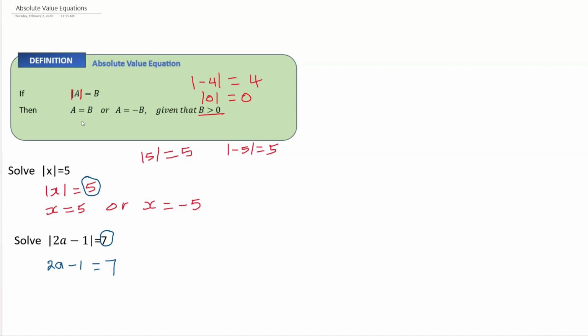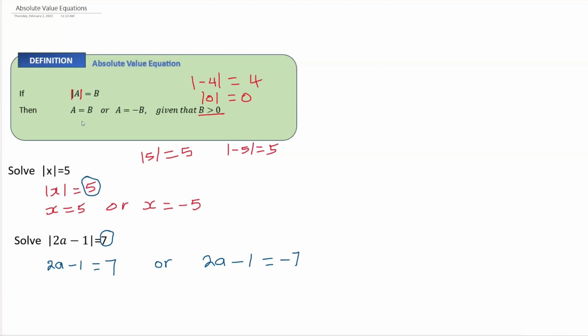We are not going to change the sign inside of the absolute value. So either 2a minus 1 is equal to 7, or 2a minus 1 is equal to negative 7. This gives us two linear equations that we have to solve.